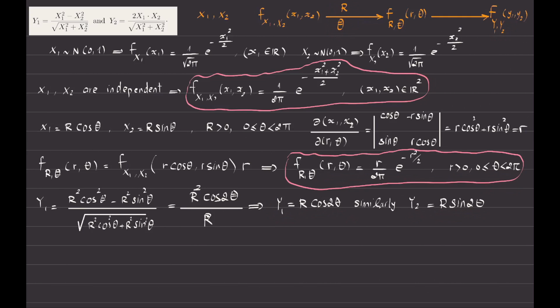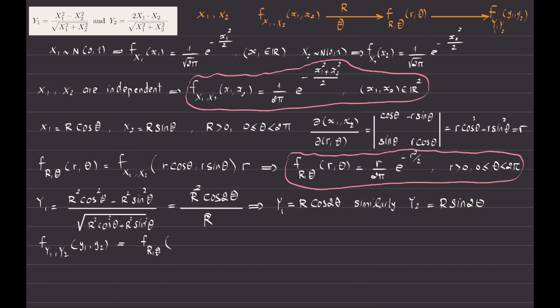So let me write it here. For example, if I want to do it, it becomes like this. I would write f of y1 and y2, the new variables, let us say in terms of little y sub 1, little y sub 2, is equal to f of r and theta, and then I have to express r and theta in terms of y1 and y2. But in this case, it is a little bit subtle if I want to do that.